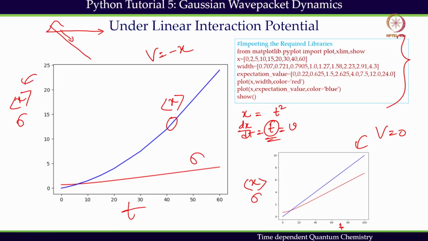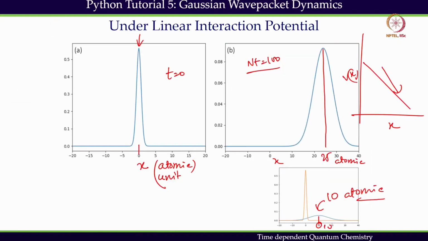And sigma also, we have seen, is nonlinear, and it is also spreading out. So the one similarity between the zero interaction potential and the linear potential problem is that both are spreading out. Here the width and here the width are different.